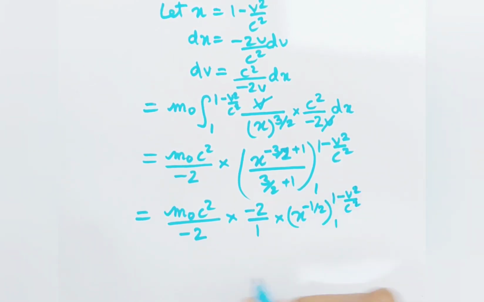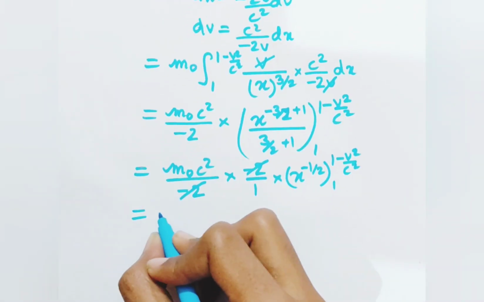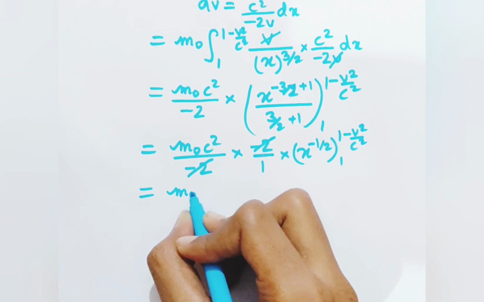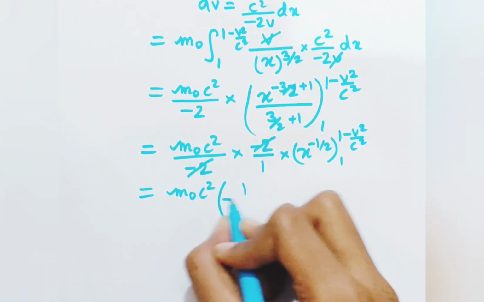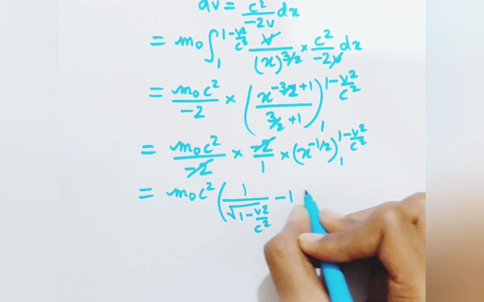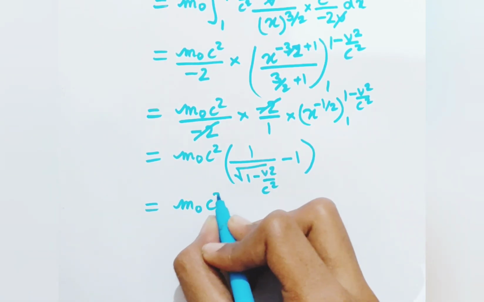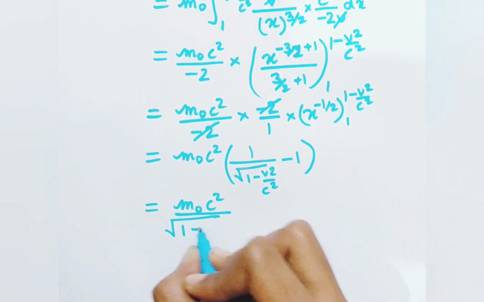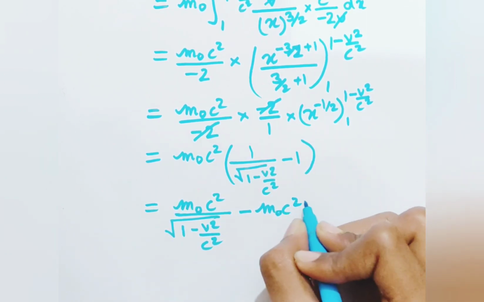The negative 2s cancel out and we are left with m naught c squared times 1 divided by the square root of 1 minus v squared over c squared, minus 1. And we can rewrite the kinetic energy as m naught c squared divided by the square root of 1 minus v squared over c squared, minus m naught c squared.